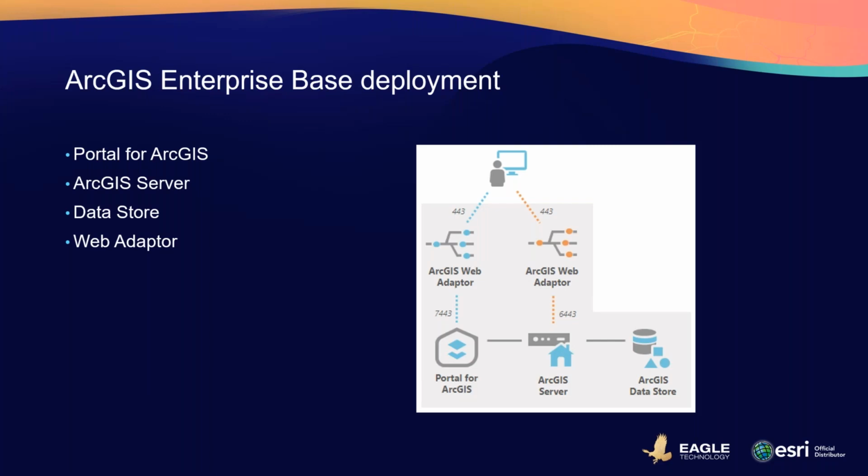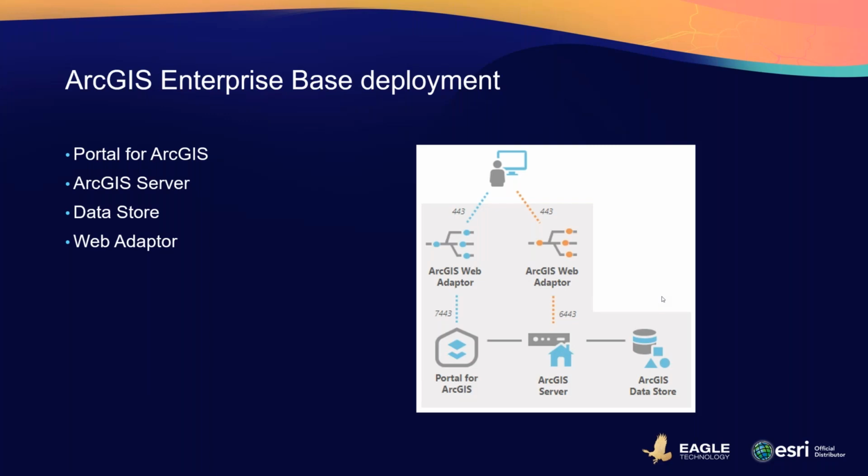You can add in other server roles, for example an image server or a notebook server, that add extra functionality to your Enterprise. There is a functionality matrix that is a very good resource to see what benefits you have there, and if we have time at the end, we can probably go through and show some of that as well.